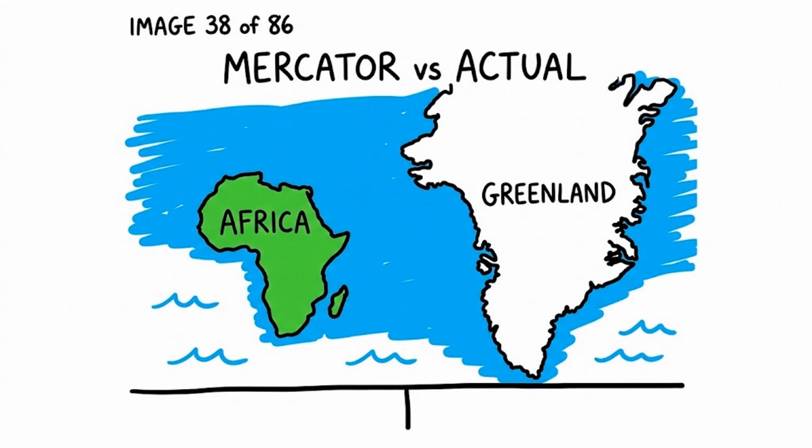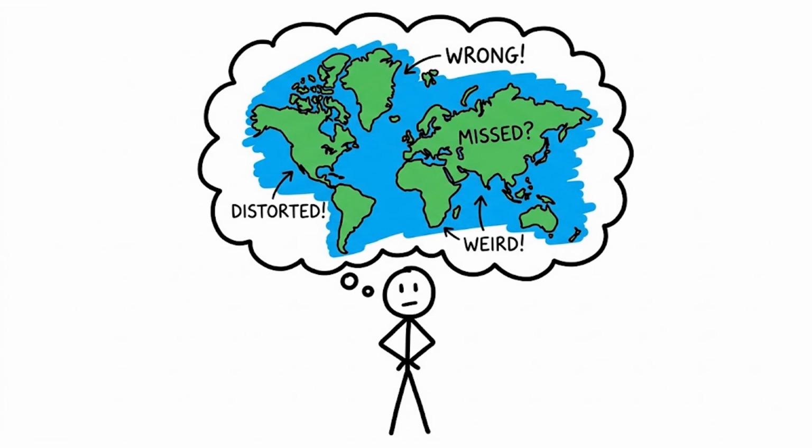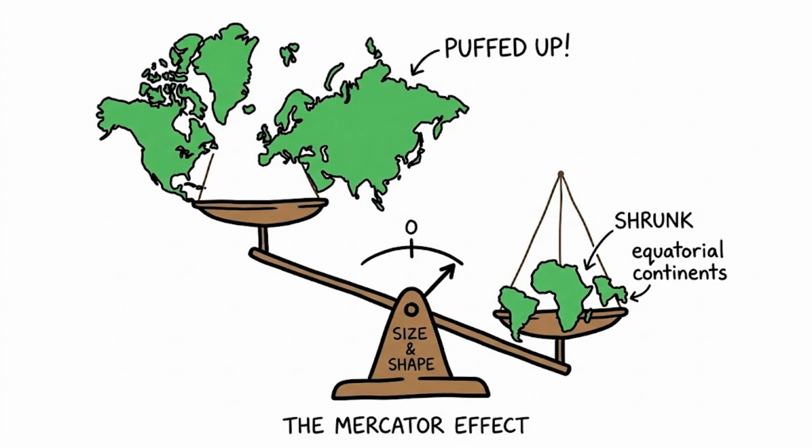But on the classroom map, Africa looks almost modest, while Greenland, a landmass with a tiny fraction of Africa's area, sprawls across the top looking like a giant. Many people have gone their entire lives with a mental picture of the world that dramatically underestimates the true scale of the equatorial continents and inflates the northern ones.